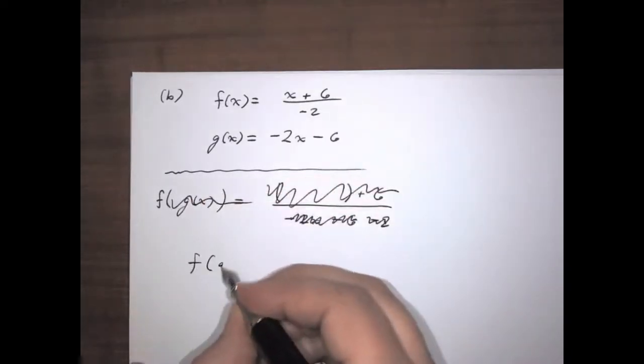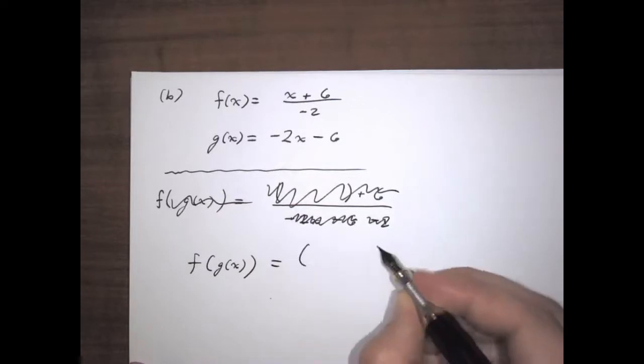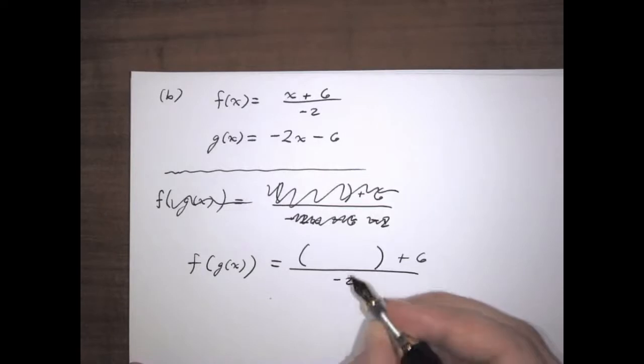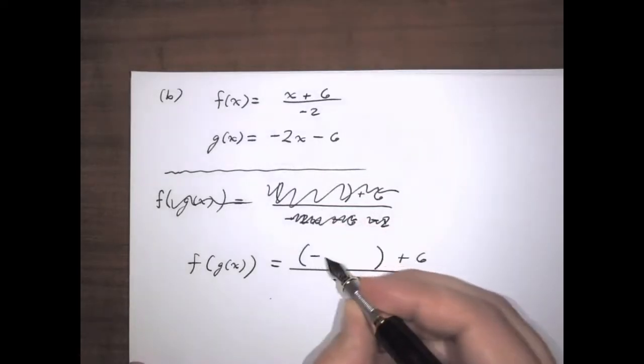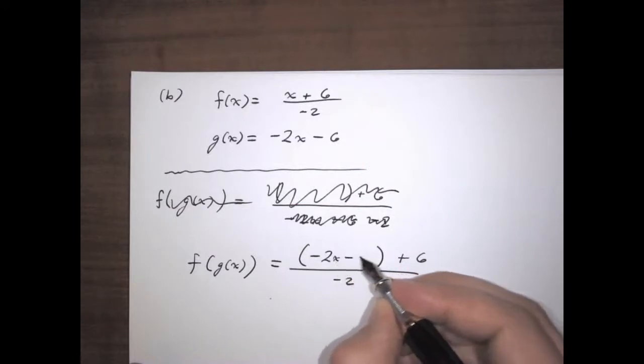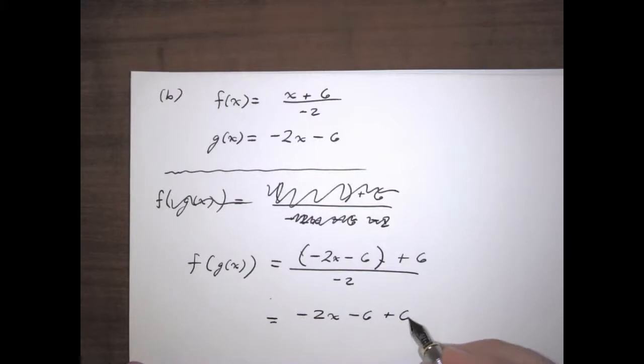f of g of x is equal to whatever it is, plus 6, all divided by negative 2. What goes in here? It's going to be the formula for g, which is negative 2x minus 6. But these parentheses aren't actually accomplishing anything, so what that's going to mean is negative 2x minus 6 plus 6 divided by negative 2.